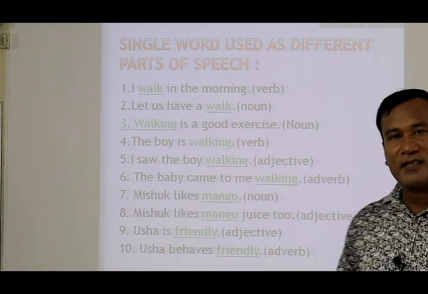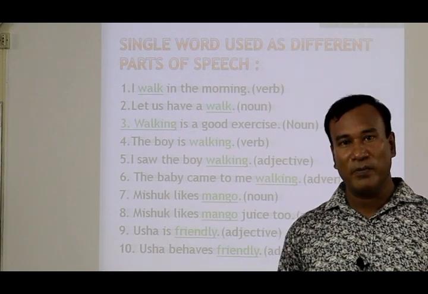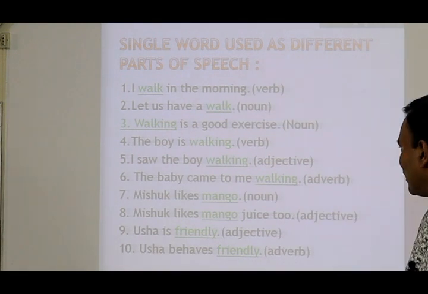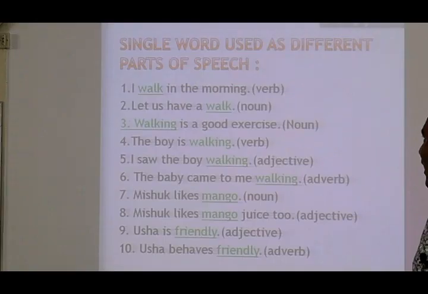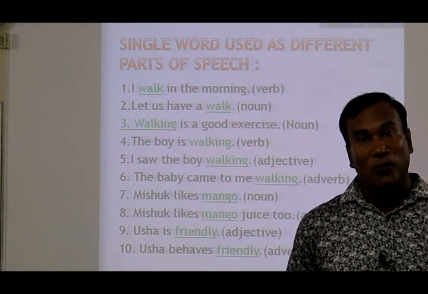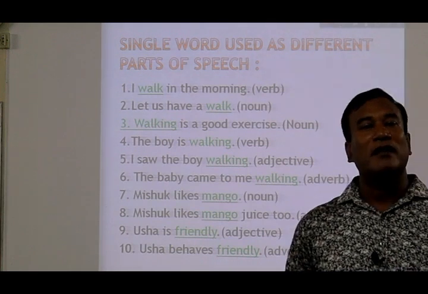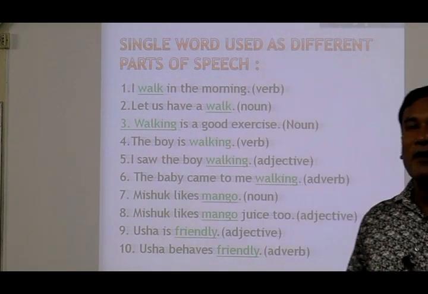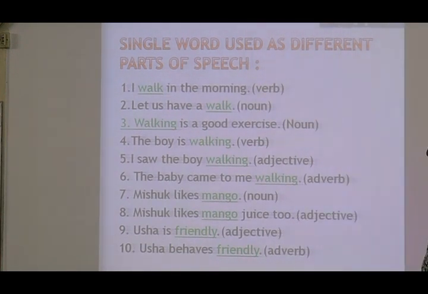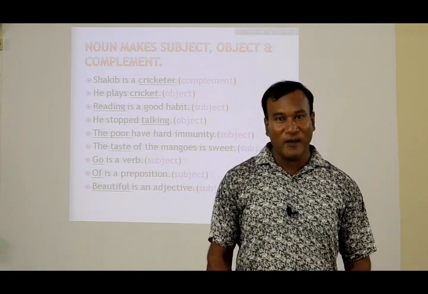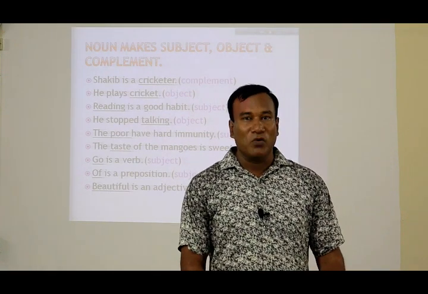If the word gives us information about verb, it will be adverb. Okay, like this. I think it is clear to you. If you follow the functional definition, it will be easier for you to identify parts of speech in a sentence. Dear students, first we will learn about noun.